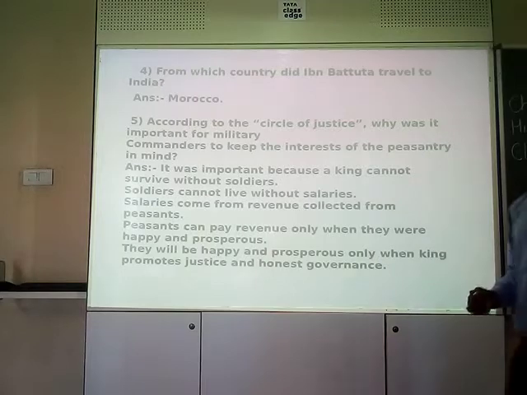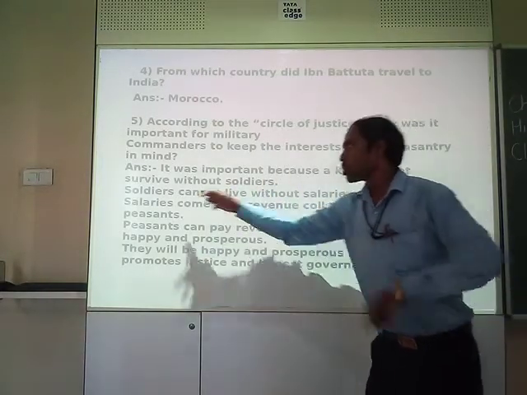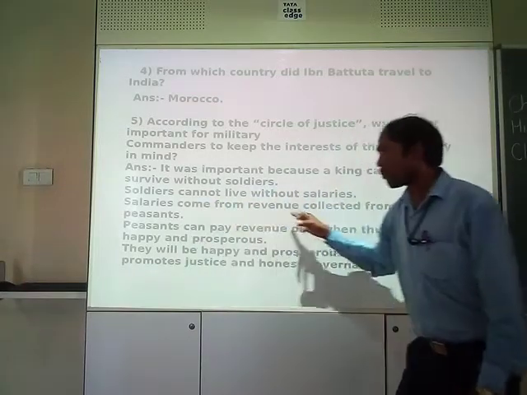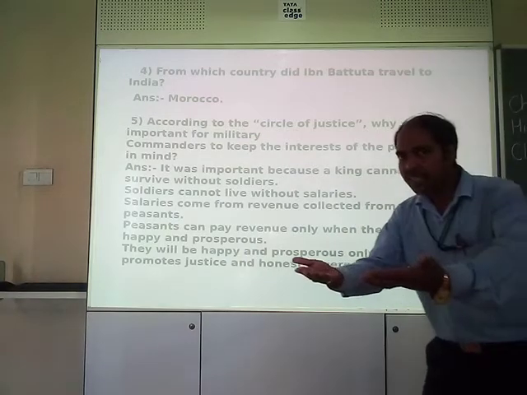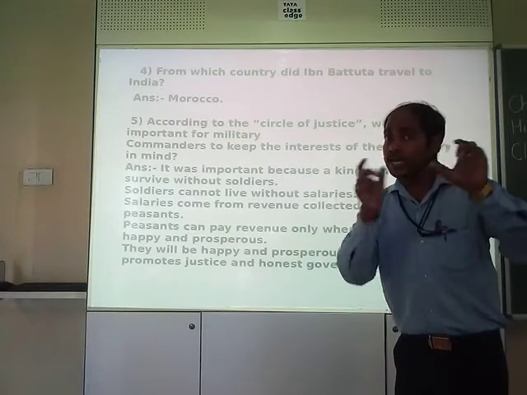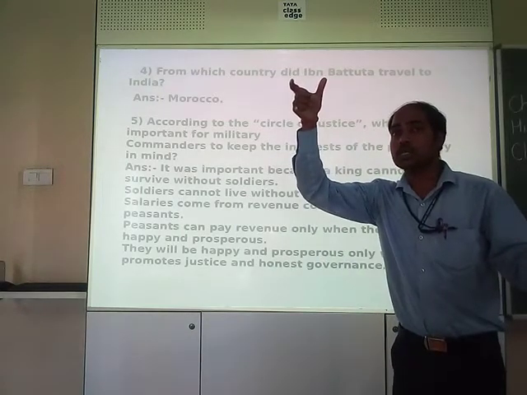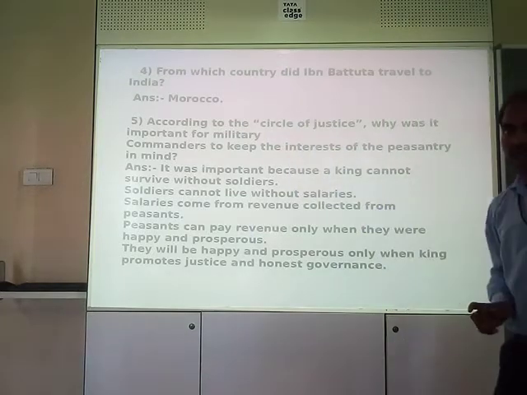So this was the thing. A king cannot survive without soldiers. Soldiers cannot live without salaries. Salaries come when revenue is collected from the peasants. Peasants provide the revenue only when they are happy and prosperous, and they will only be happy and prosperous when the king promotes justice and honest governance from the top, right?